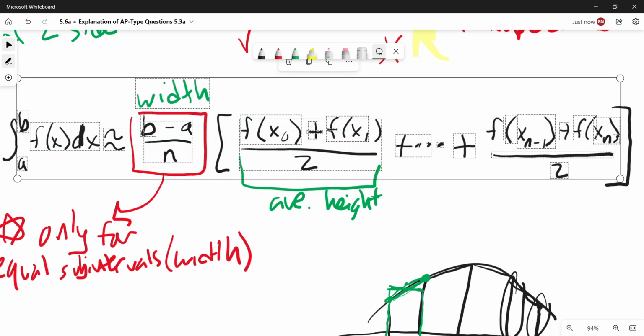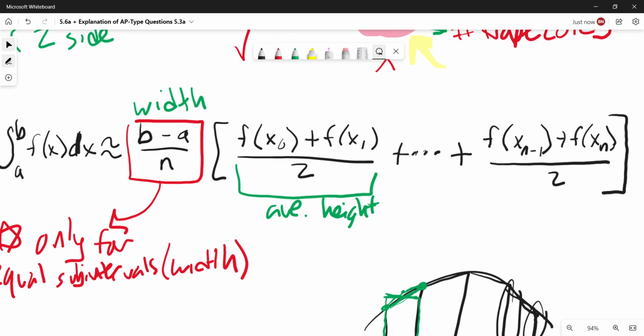Not really. Come on, move. How do I move the whole thing?